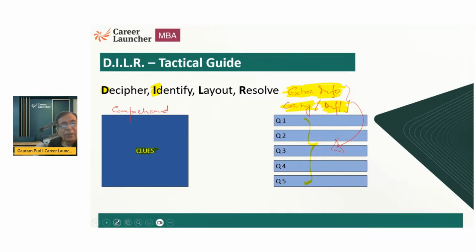Okay. Third aspect is called layout, which is nothing but tabulation of the data. The data which is given, you need to convert it into some kind of a table or some format which helps you fill up the table. That's what you need to do. And what is resolve? Resolve is again answering the questions. So your job is to solve the questions, but please remember, ये तीन चीजें जो हैं, these three things, okay, they go hand in hand.